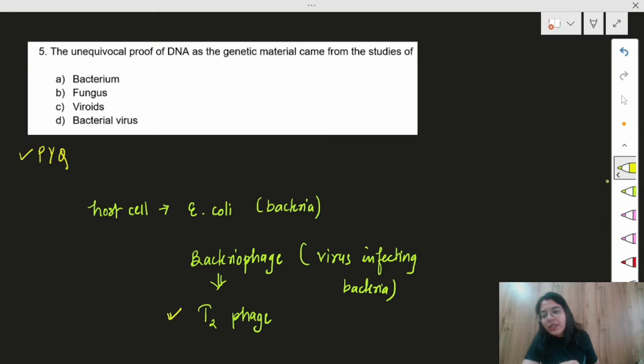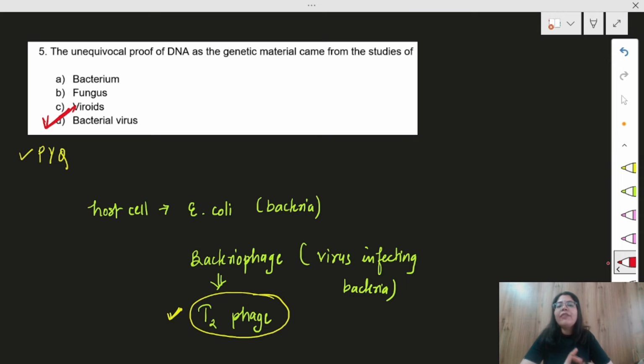Actually they wanted to know what is the genetic material of this virus, which is infecting a bacteria. So can I call this virus a bacterial virus? Yes, right? They did an experiment in which they understood that DNA is acting like the genetic material of this virus, because this T2 bacteriophage has genetic material which is double-stranded DNA. To make more viral particles, it was injecting its DNA inside the bacterial cell, and as a result, more and more viral particles were getting formed.